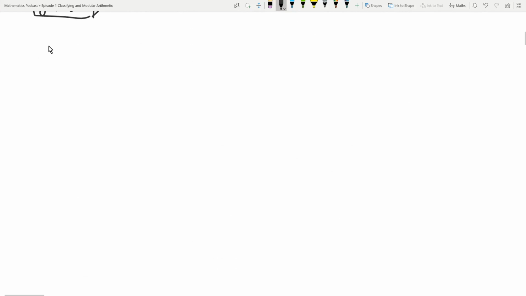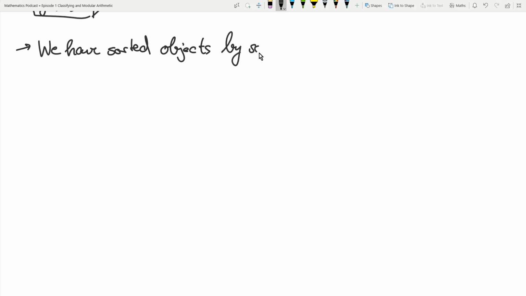We have sorted objects, in our sense human beings, but just as an idea of objects, by some similar attribute.